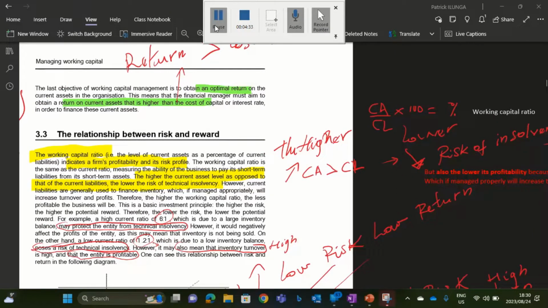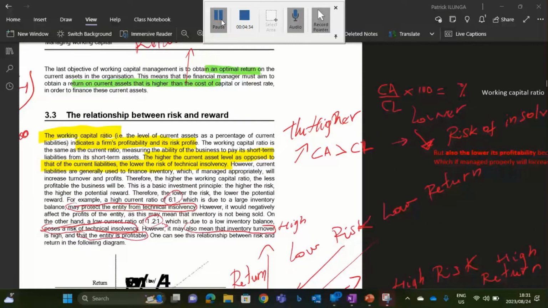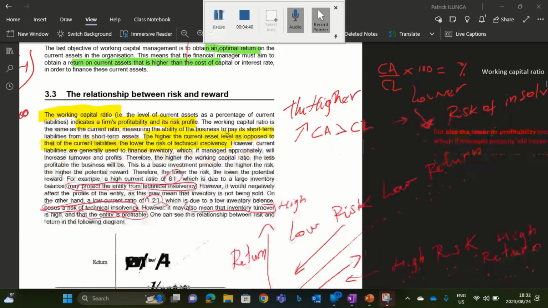But on the other hand, it could signify that the firm is not very profitable, especially the higher this ratio is. So it could be an indication that the firm is not having a good inventory turnover.